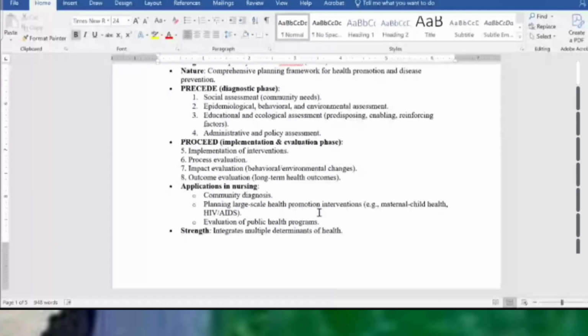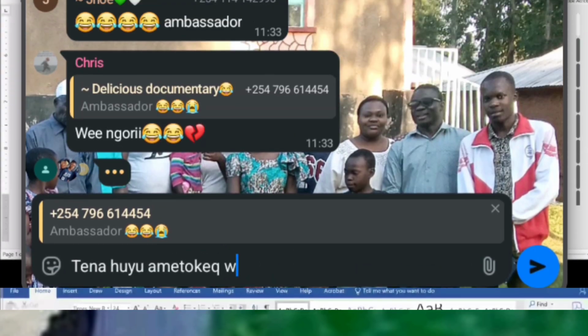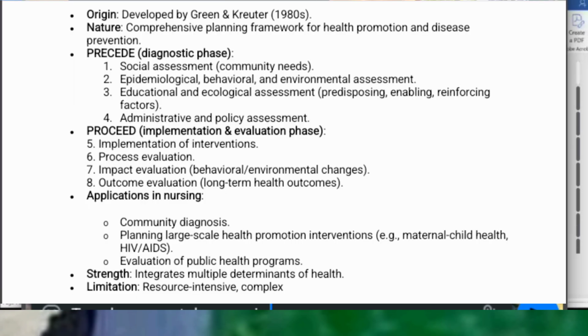Another application of the PRECEDE PROCEED model is planning large-scale health promotion interventions like maternal child health and HIV, and also evaluation of public health programs.